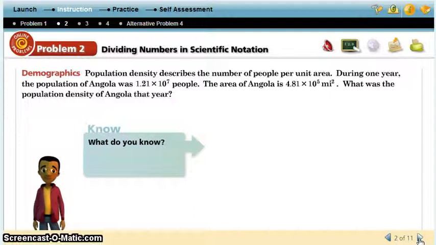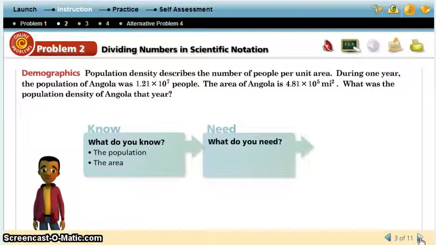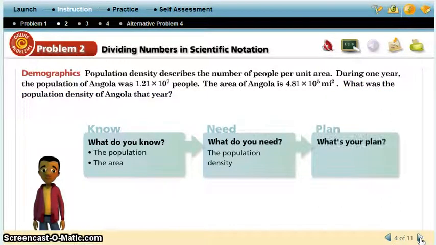What do you know? You know the population of Angola and its area. What do you need? You need to find the population density. What's your plan?